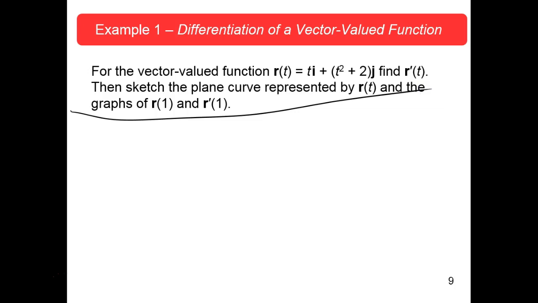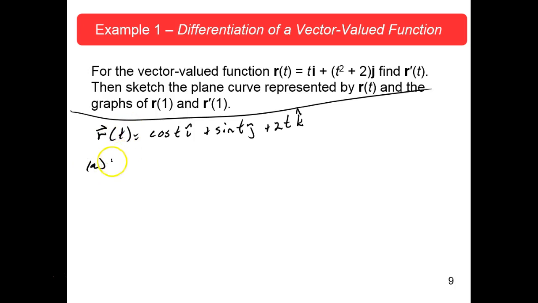For the vector valued function R of t equal to cosine t i plus sine t j plus 2t k, find each of the following.